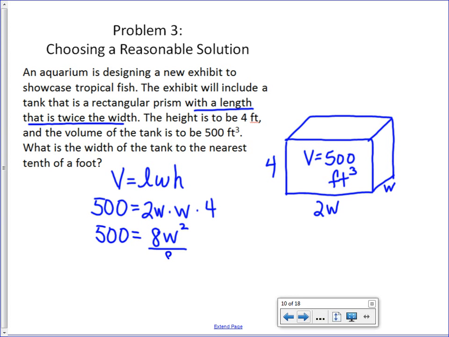To isolate the W, we want to first divide by 8. 500 divided by 8 gives us 62.5 is equal to W squared.